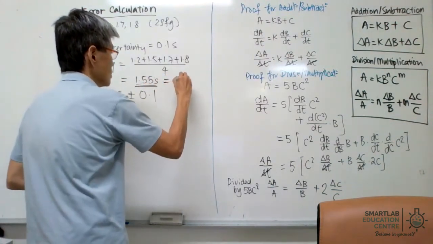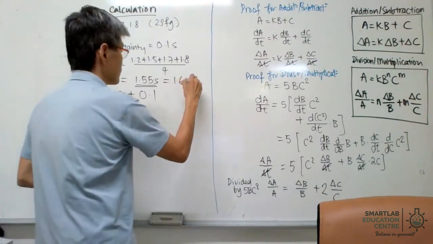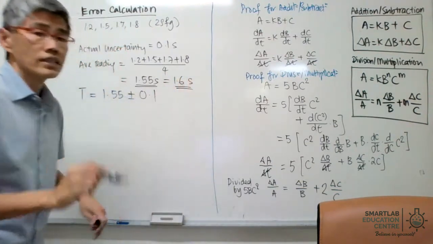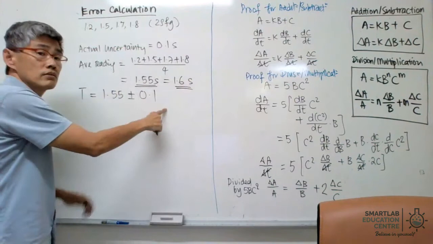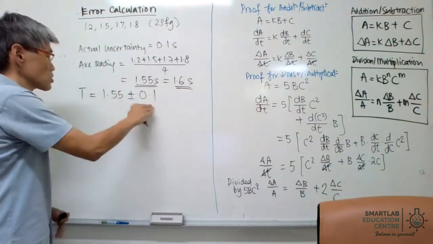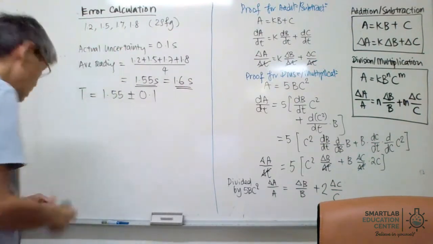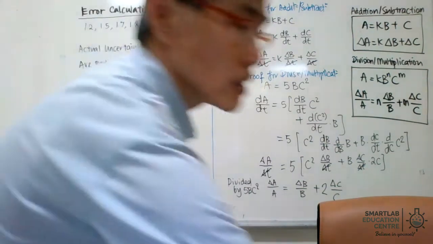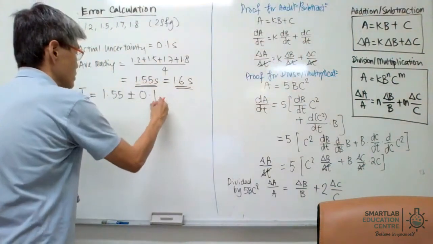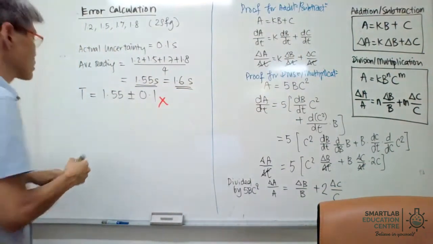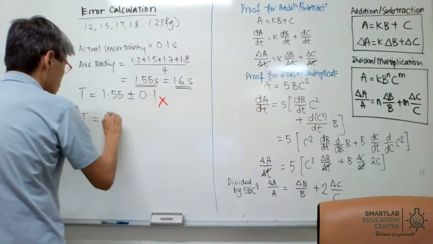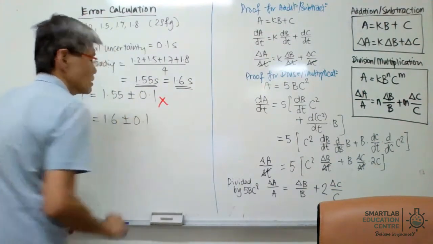So in this case, it should be 1.6. Hence, in the exam, if you were to represent the reading of your period as 1.55 plus minus 0.1, that will really not be correct. That will be wrong. Okay? So the correct way to represent it is 1.6 plus minus 0.1.